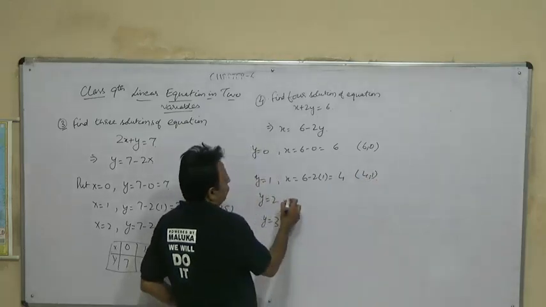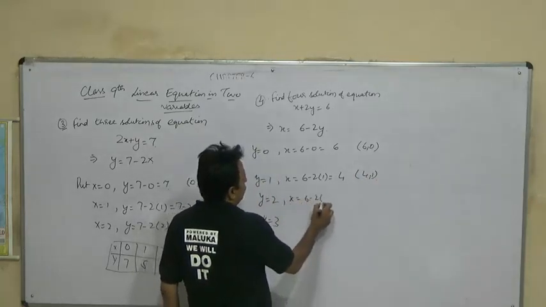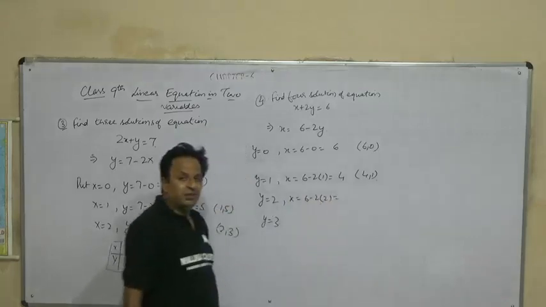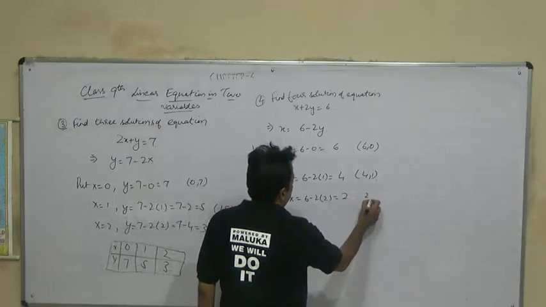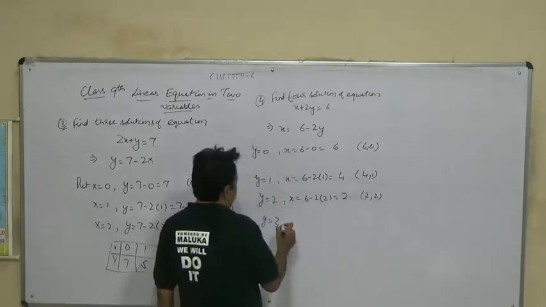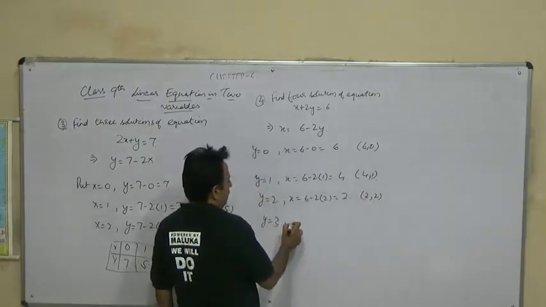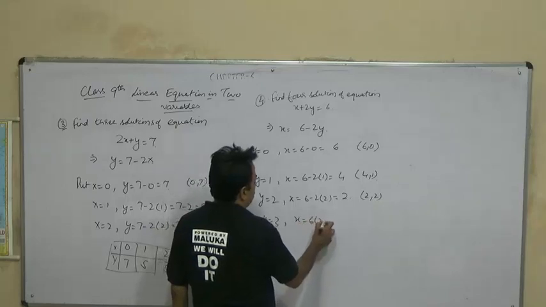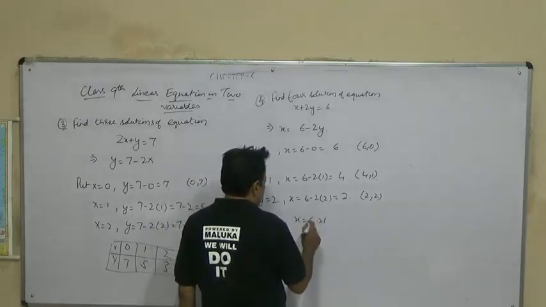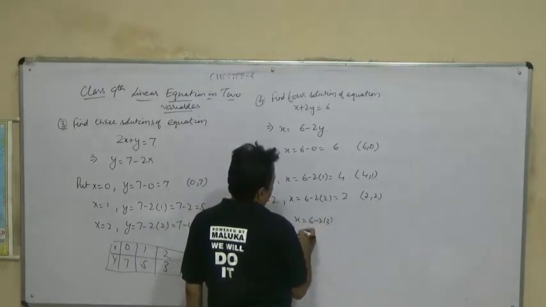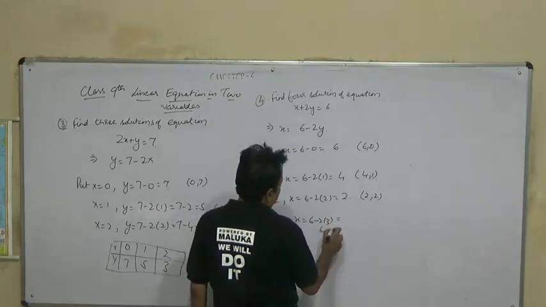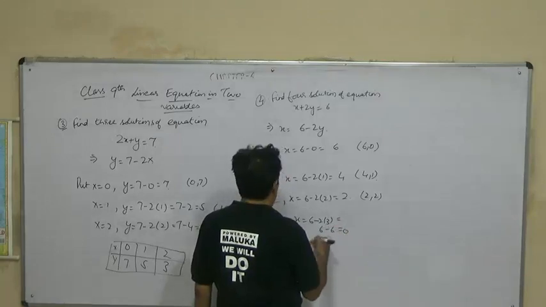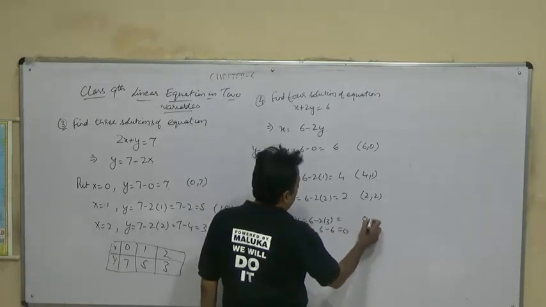When y is 2, x is equal to 6 minus 2 into 2, so this is 6 minus 4, which is 2. So the point is 2 comma 2. And when y is equal to 3, x will be equal to 6 minus 2 into 3, which is 6 minus 6, which is 0. So the point is 0 comma 3.